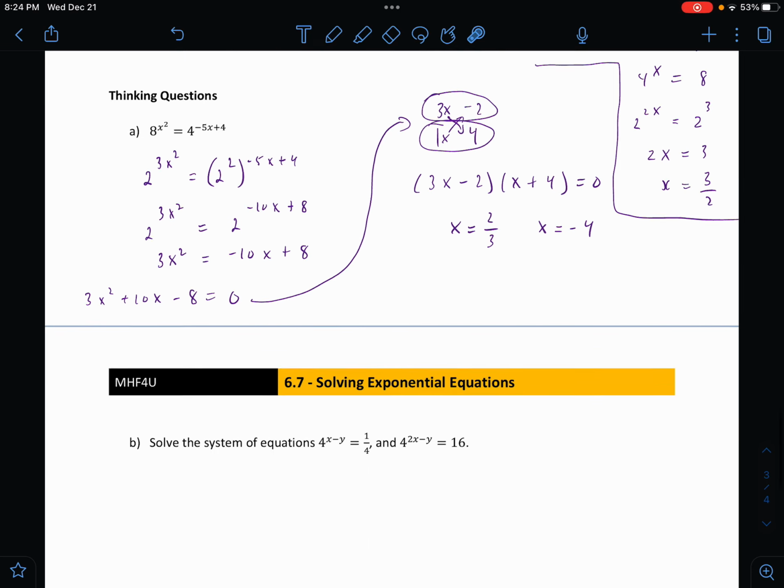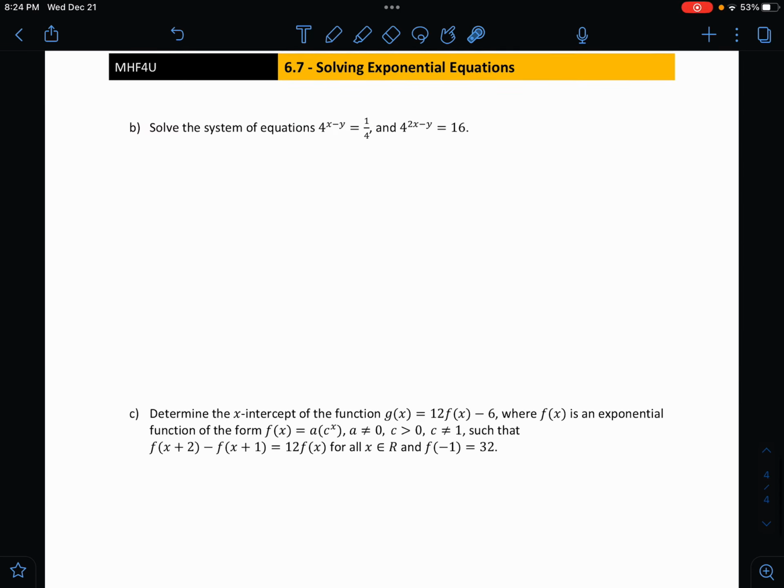All right, so now looking at part B of the thinking section, this one is a little bit different than the other examples that we've looked at so far. Here we would want to change the bases so that we can get a common base.